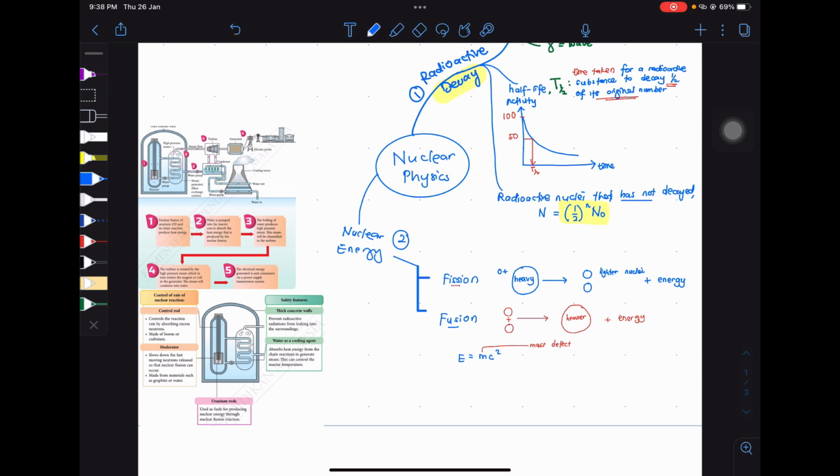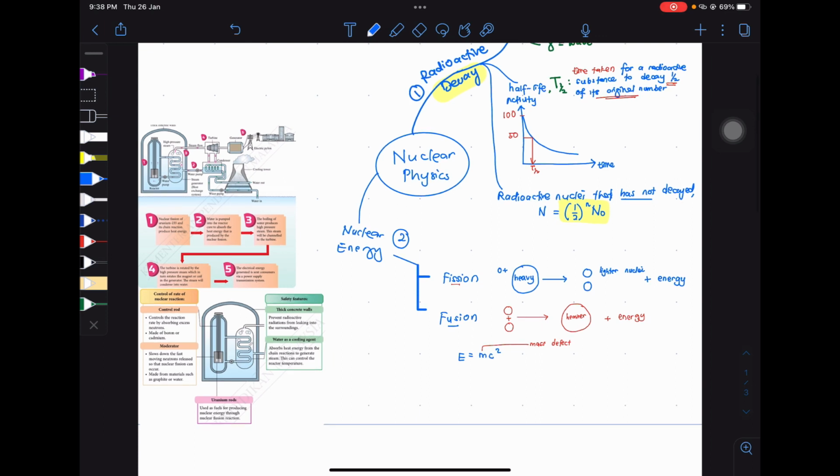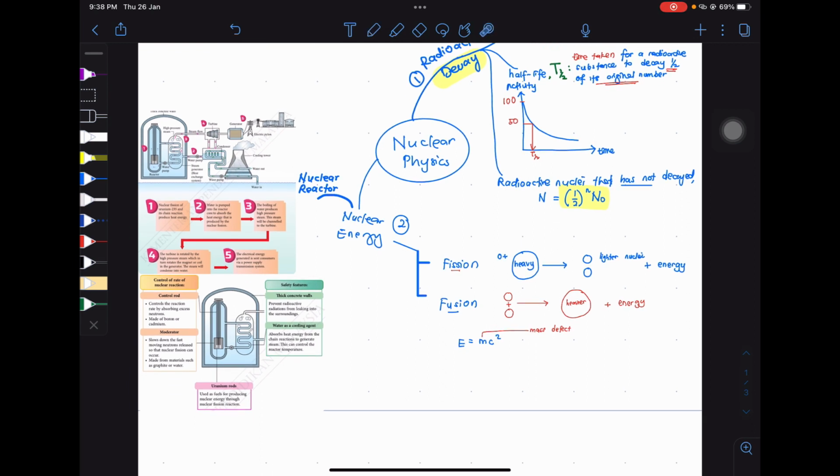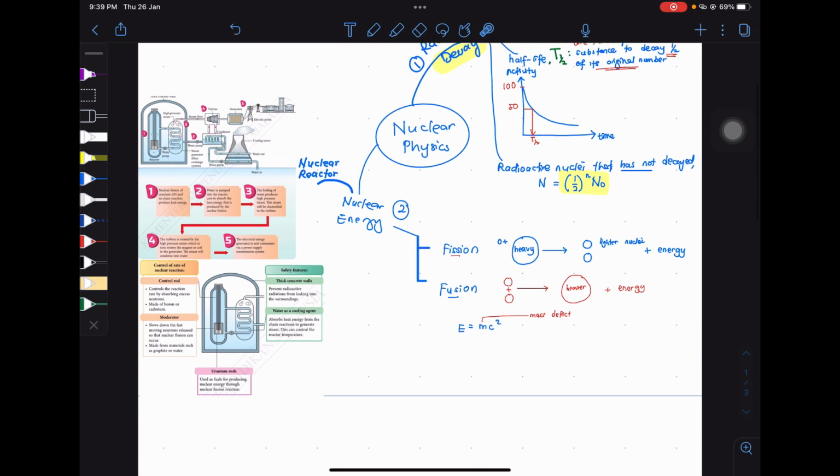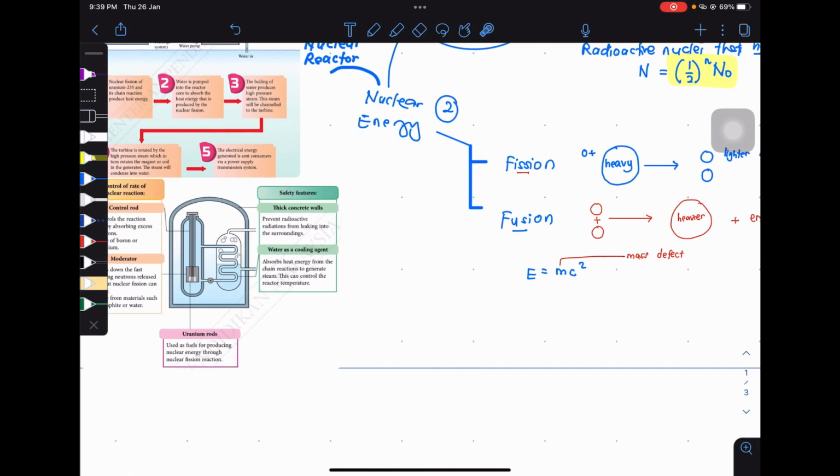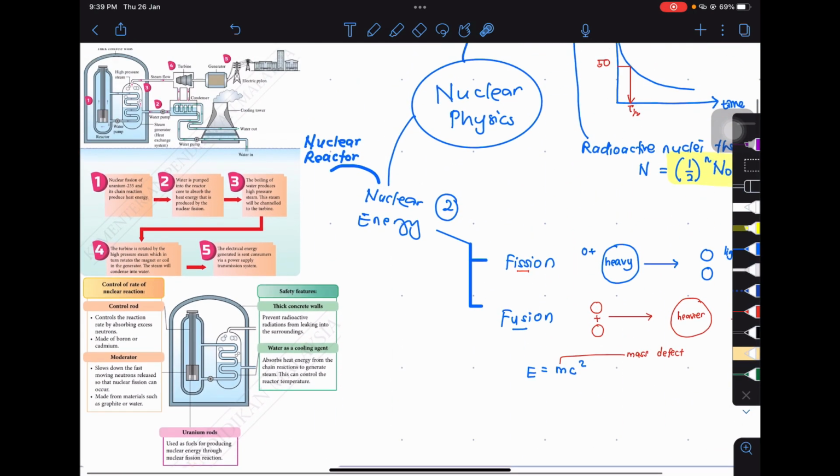In nuclear energy, we also learn about the nuclear reactor. This is important.